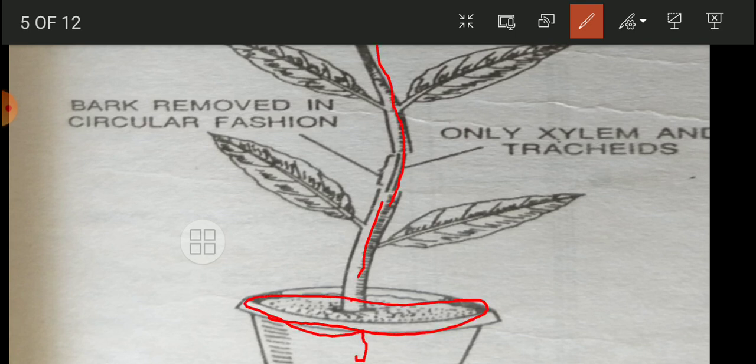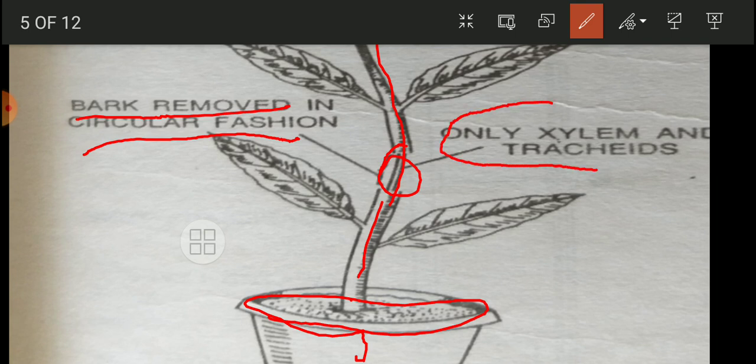At this region we can see that the bark is removed in a circular fashion. So we have removed the epidermis, cortex, pericycle and phloem. We have removed all these things. Only the xylem vessels and tracheas are kept intact.